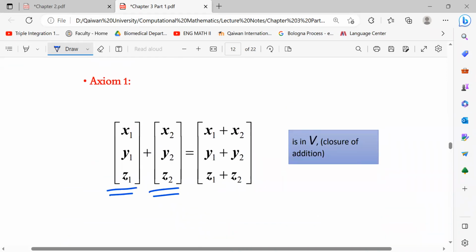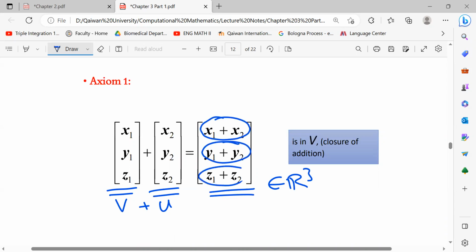Look, these are two vectors. Let's say they are V and U. The sum of these two is this. Is it in R3 or not? How many entries do you have? This is 1, this is 2, and this is 3.